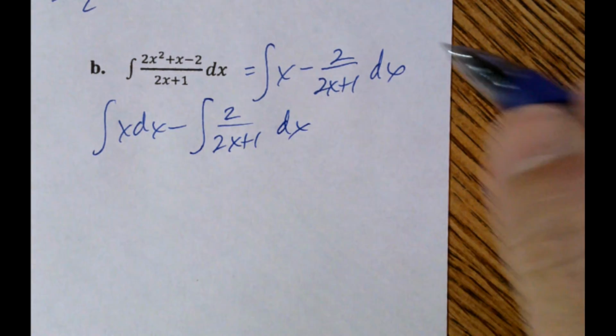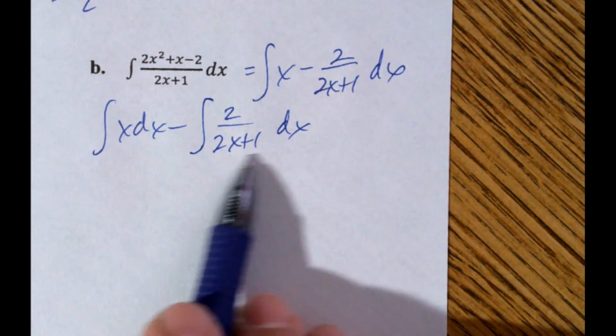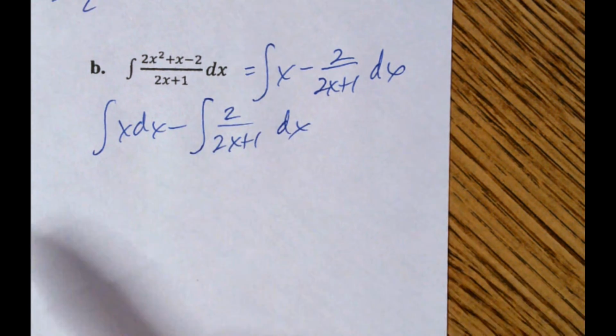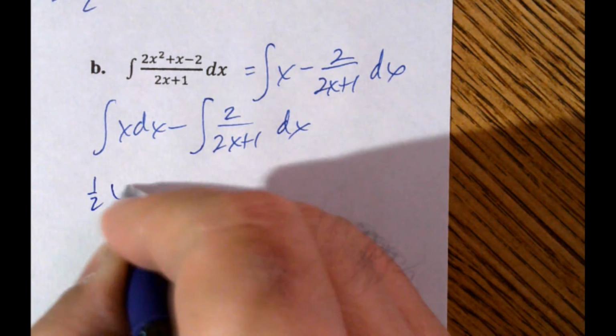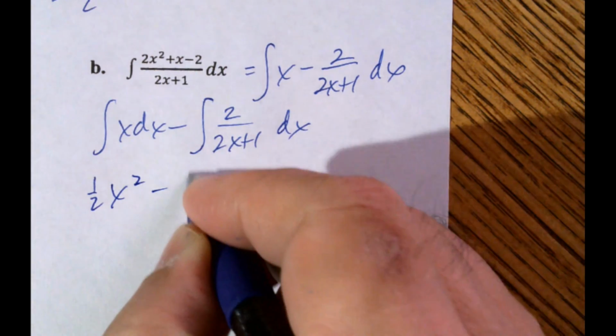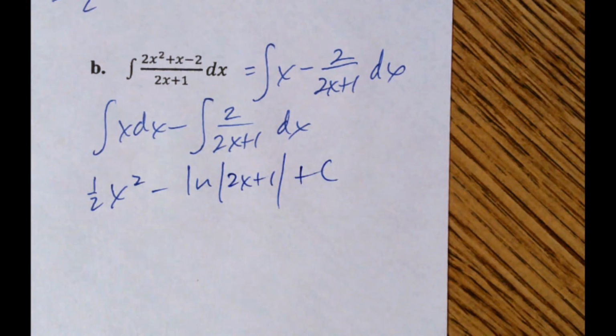Okay. All right, so looking at this, the derivative of the denominator is 2, so it's already up there. So I can just integrate this. X is 1/2 x squared minus natural log of the absolute value 2x plus 1 plus c. And that's it. That's B.